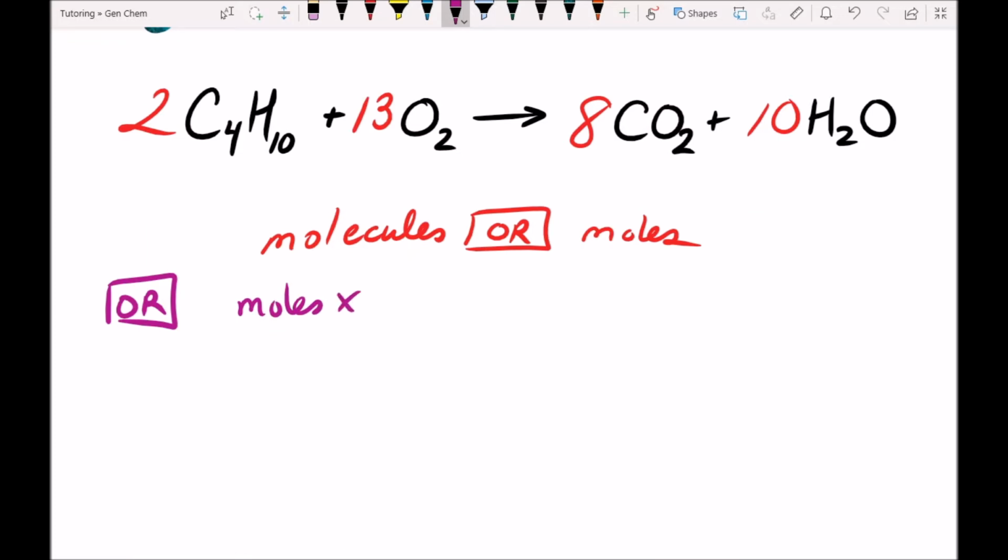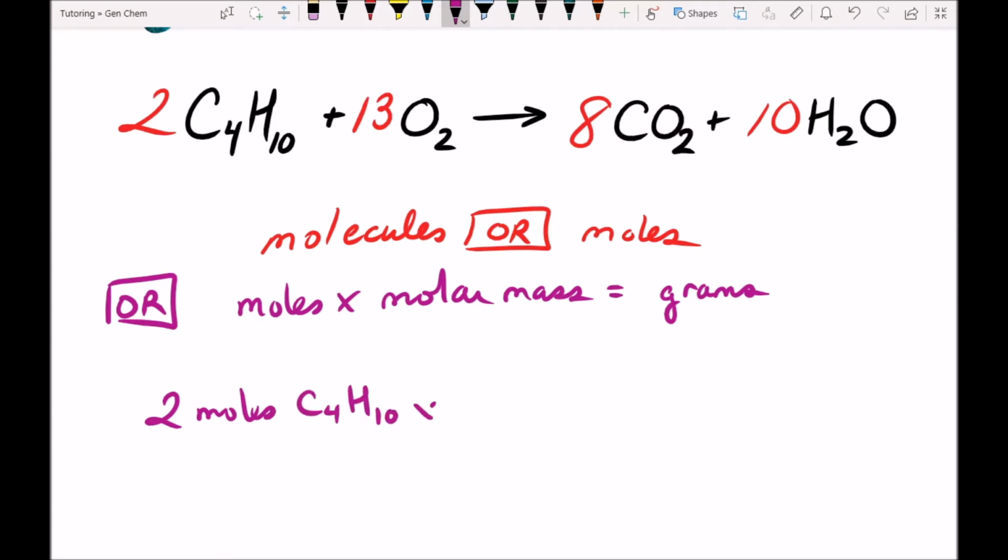By multiplying moles by the molar mass of any one of these reactants or products, we can get their mass in grams. So for example, butane, we have 2 moles of C4H10. We can multiply that by the molar mass, which is in grams per mole for C4H10.